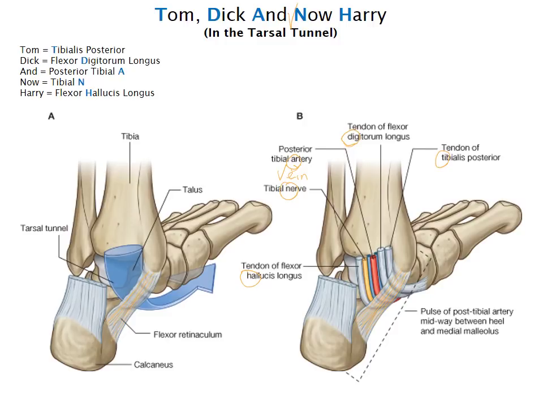So here we see this tibialis posterior, flexor digitorum longus. We have the posterior tibial artery. Then we have the tibial vein. And lastly, we have that flexor hallucis longus. Always in that order.